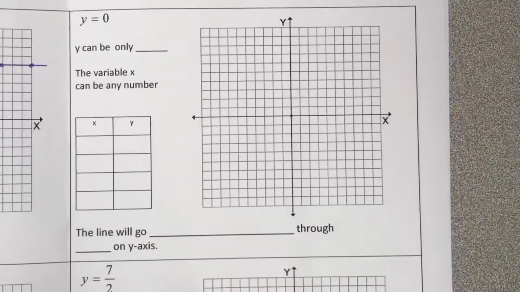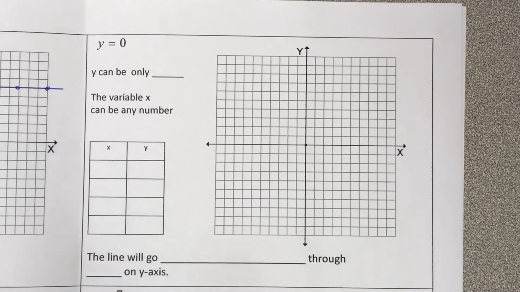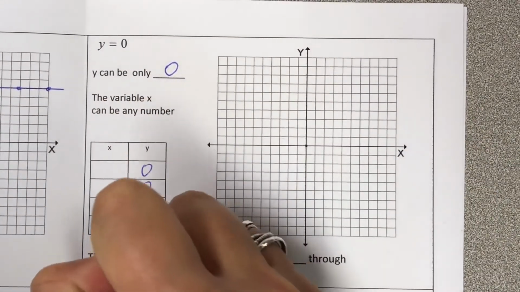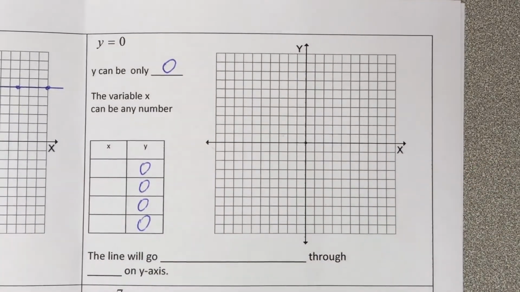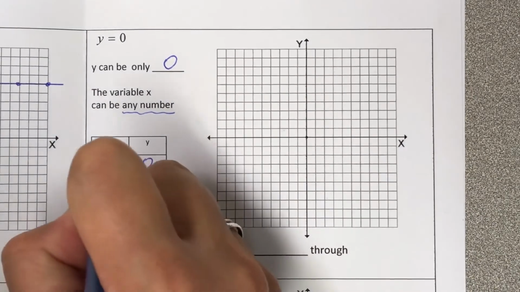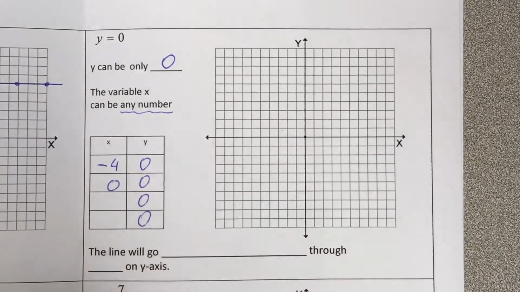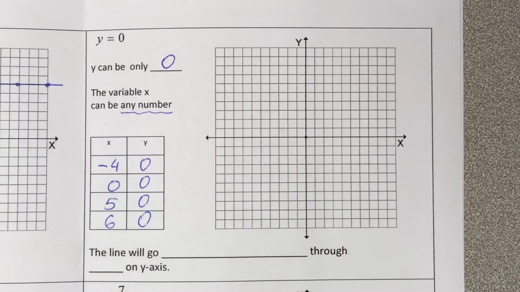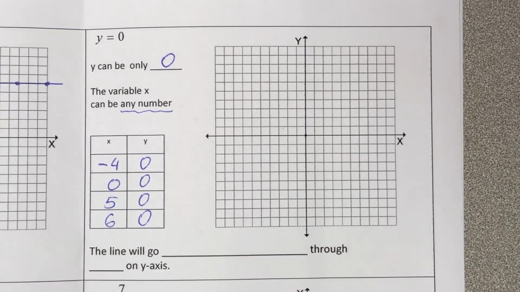What if y equals 0? Y can be only 0. So I'm going to come up with a few points and see what if x can be any number. How would that look? -4, maybe 0 for x, 5, 6. A random point selection just to see what will show if I plot this.